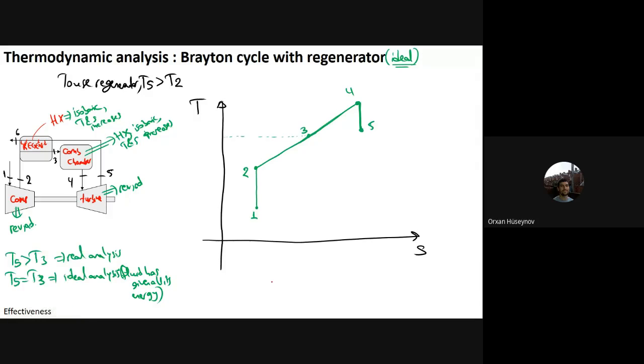Here you should also remember that T6 should be greater than T2 in the real case. But for ideal analysis, T6 is equal to T2. This means that the fluid has again given all its energy. For real analysis, the fluid has not given all its energy down to the temperature at state 2, so there is some temperature difference.